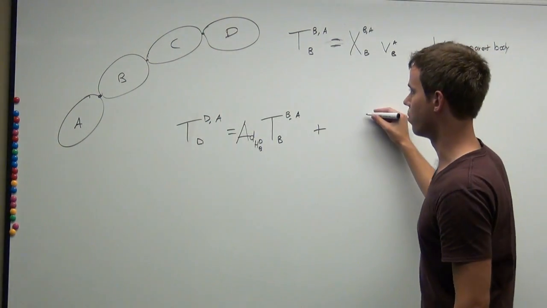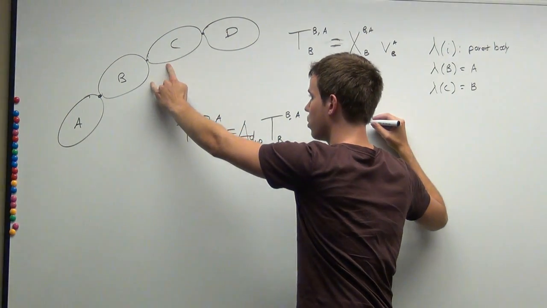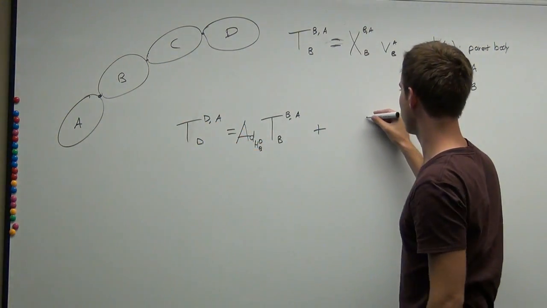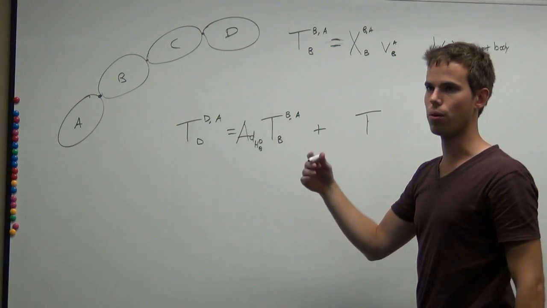All right. Plus, what's the next one? So we're going to have twist across these two rigid bodies across this joint. So we'll probably know it locally because we know the joint velocity from our measurement.